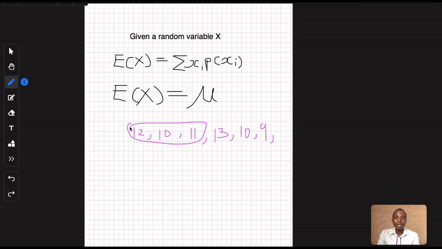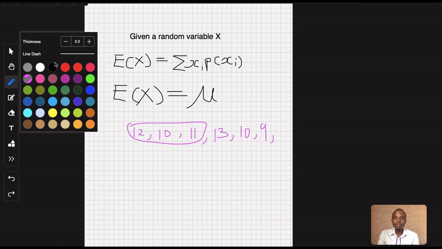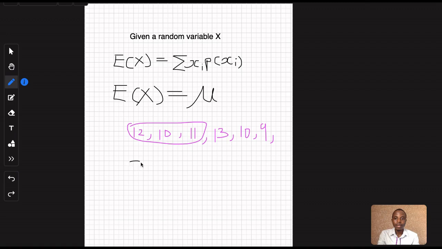And now if we're looking for that of the sample, we usually refer to what we call X bar. X bar is written like this: summation of X over n. Now I want you to know that although we may write it this way, there is a possibility of writing what we have as mu in a way that is similar to what we have above.